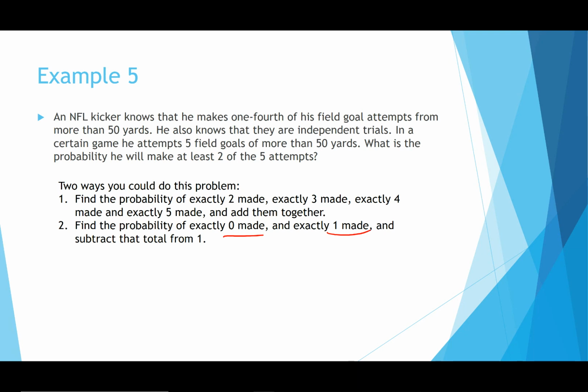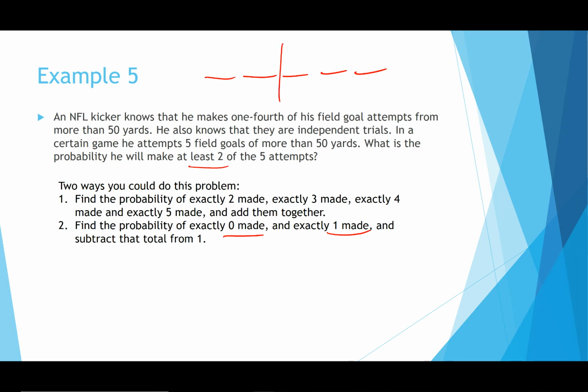So this kicker has 5 attempts to make a field goal, right? And we want to know what the probability is of him making at least 2 of the kicks. Not exactly 2, but at least 2.